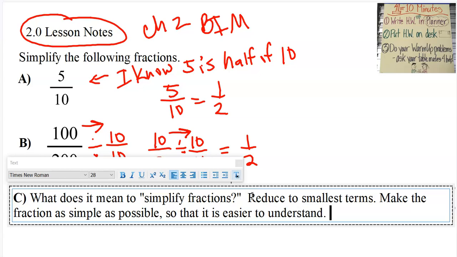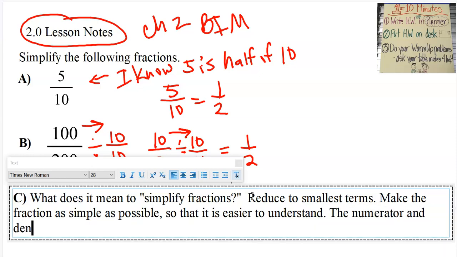So what we're doing is the numerator and denominator, the top number and the bottom number, will have no common factors. You guys know what common factors are, and you have the factor list that you can always refer to, but here's the idea. We're going to simplify the fraction so that it's easier to understand.